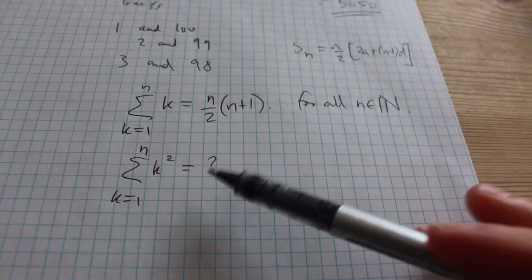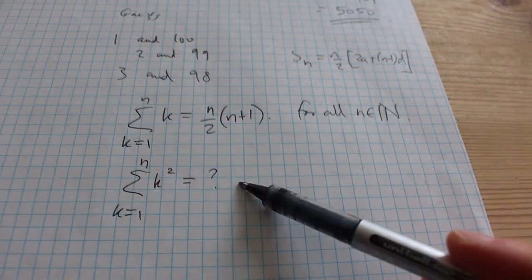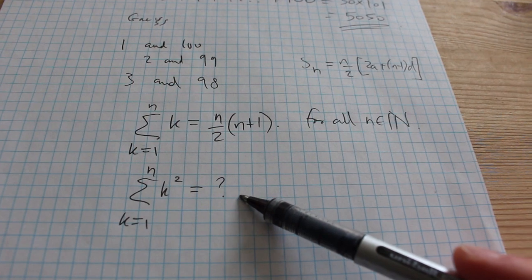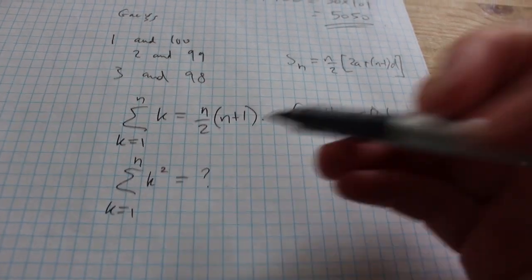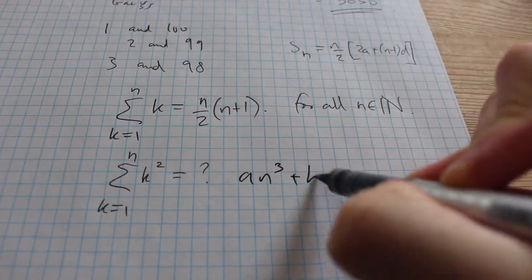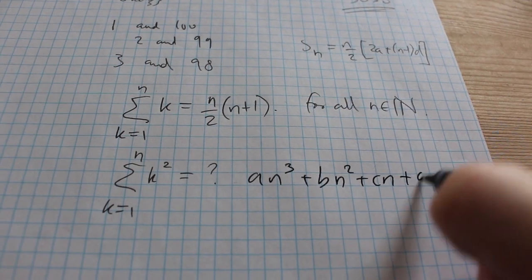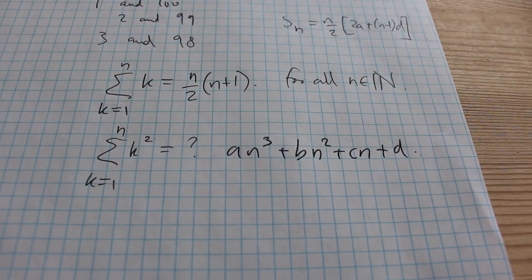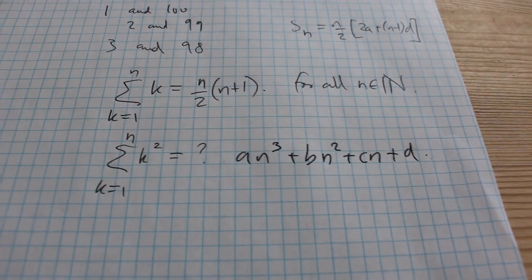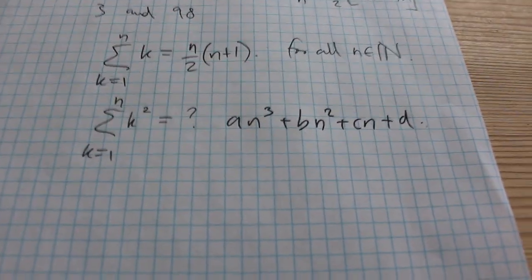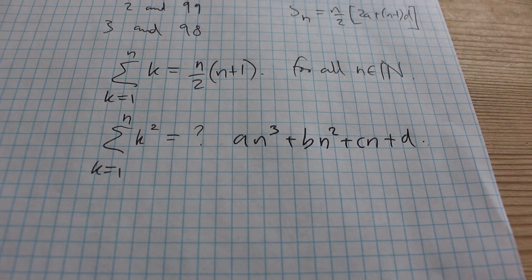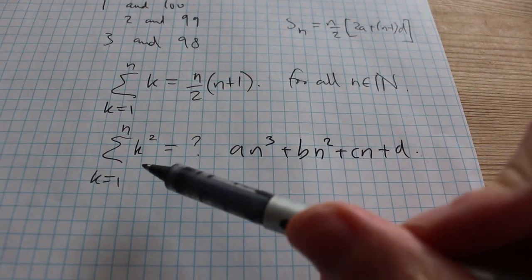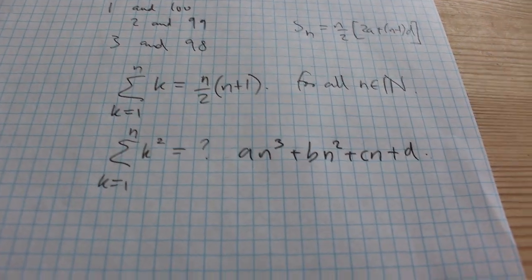So it might be sensible to look for some sort of cubic polynomial in n that might satisfy this, something of the form a n cubed plus b n squared plus c n plus d, and then somehow go about trying to work out a, b, c, and d. And that's a very sensible approach. There are a number of ways to work out this sum.